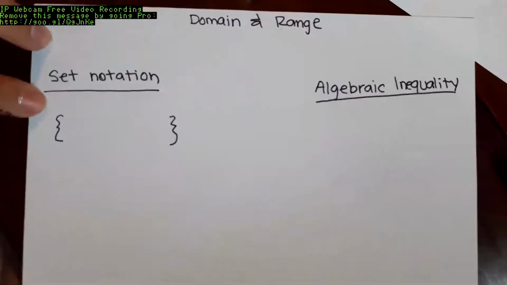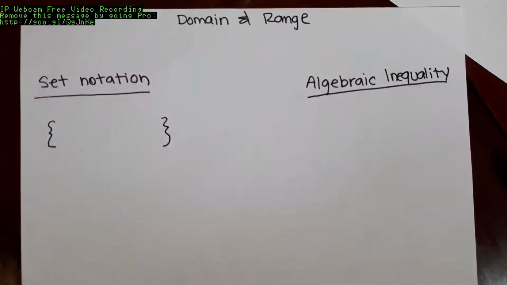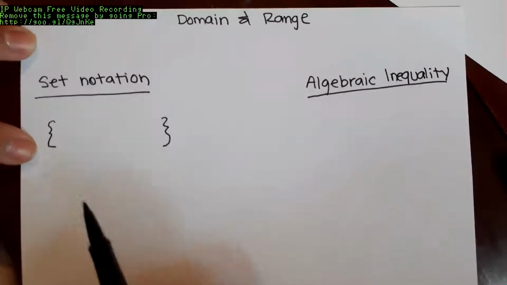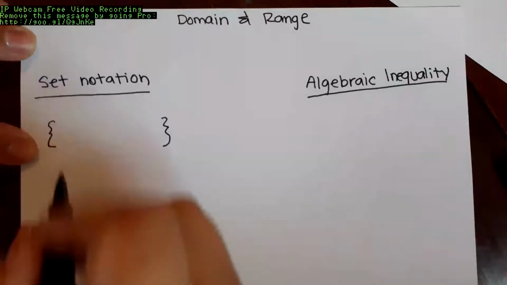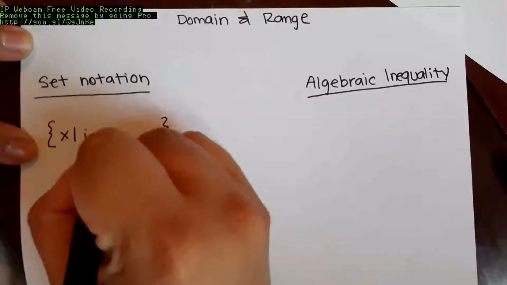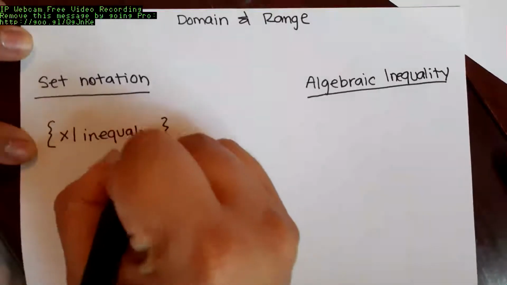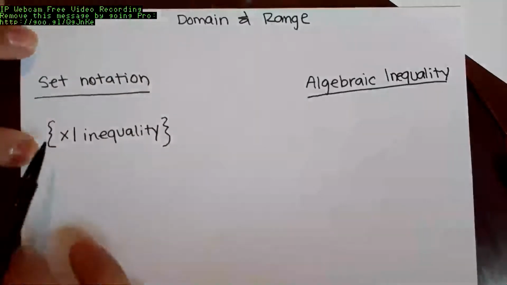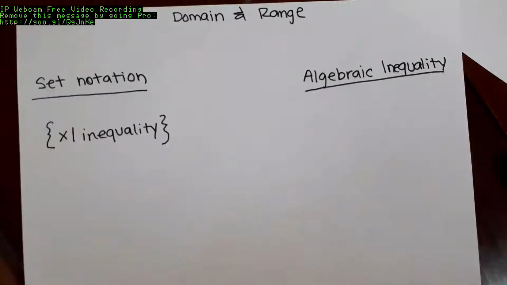So first of all, with set notation, we always know it's set notation because of these curly braces. So in my set notation, it's going to look like this. So I'm going to have an X, I'm going to have a vertical line, and some kind of inequality.